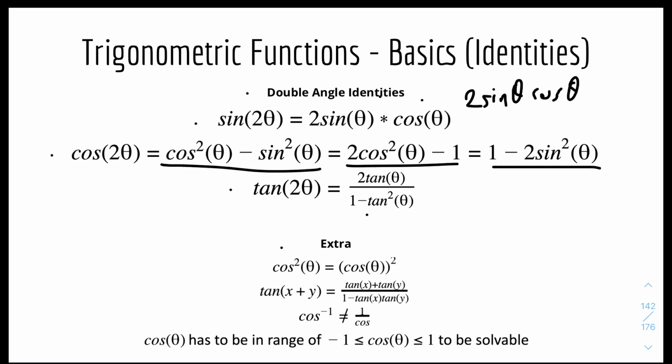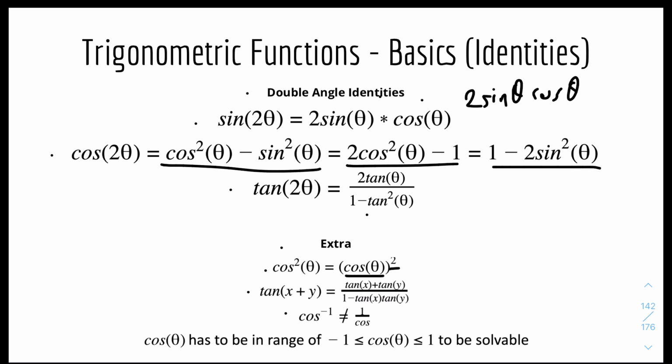And some extras. So cos squared theta is just equal to cos theta, the whole thing squared. And here's tan(x plus y). And here's just one key thing to note. Cos inverse is not the same as 1 over cos.